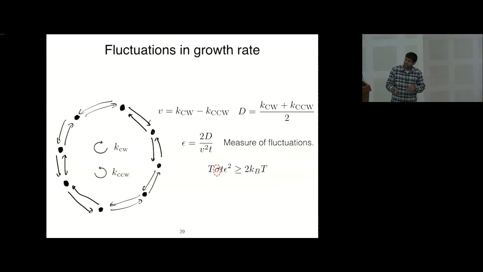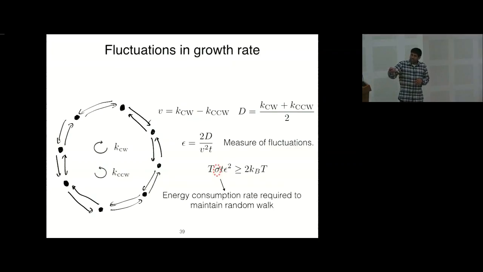Sigma here is energy consumption. So it turns out that sigma not only has to be positive, which is what I described before, and not only satisfies the fluctuation theorem, it also has to, the product of sigma and this quantity epsilon squared, which tells you something about fluctuations in the system, this product has to exceed twice kBT. And this has a flavor of an uncertainty-like principle.